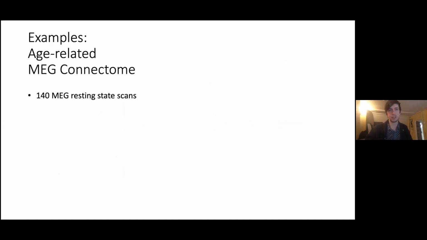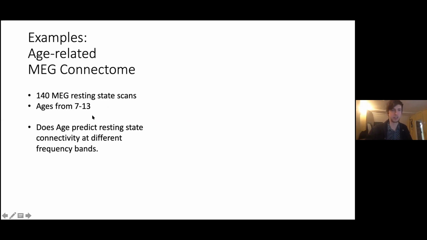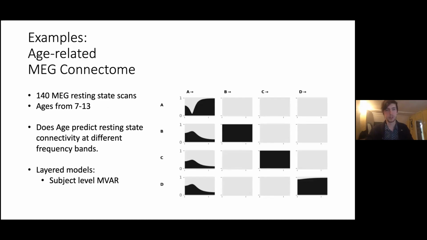I've also done this using connectomics. So I extracted connectomes from resting state scans, and I was interested in what connections were related to age in that sample. So I used layering of models. I first calculated a subject level multivariate autoregressive model that looked at parcellations. This is just a cartoon.